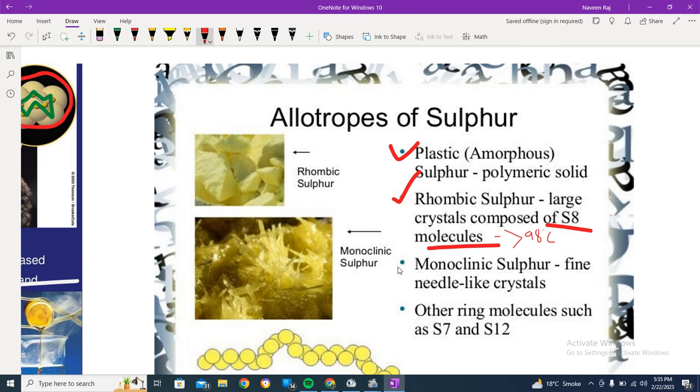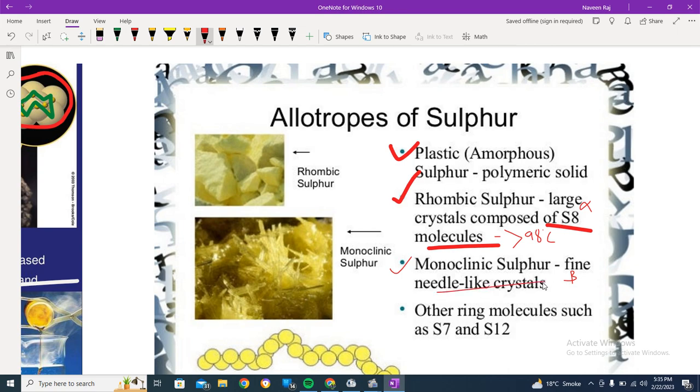While we have monoclinic sulfur, okay, the rhombic is the alpha form, and the monoclinic sulfur is also called the beta form. Monoclinic sulfur is also called prismatic sulfur, with fine needle-like crystals.